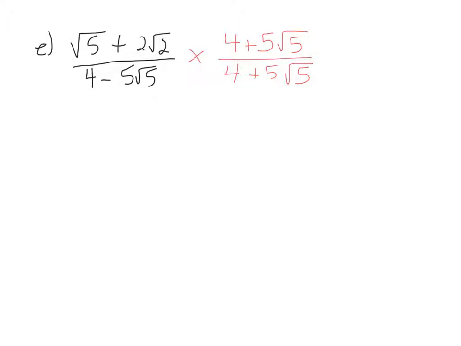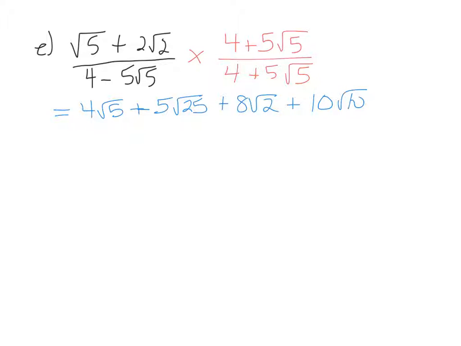So we're going to take root 5 times both of those things in the numerator. We'll get 4 root 5 plus 5 root 25. And then we'll do 2 root 2 by both of them, so it becomes 8 root 2 plus 10 root 10.